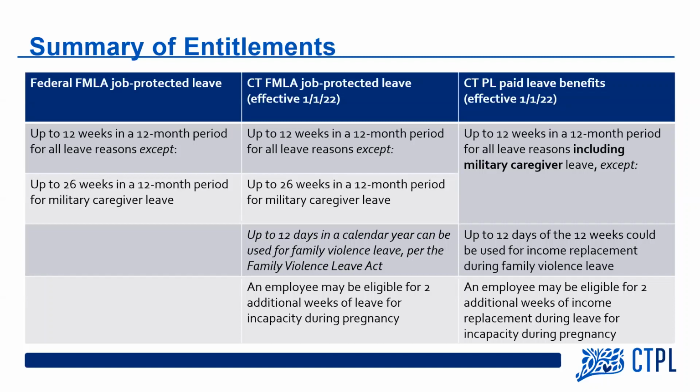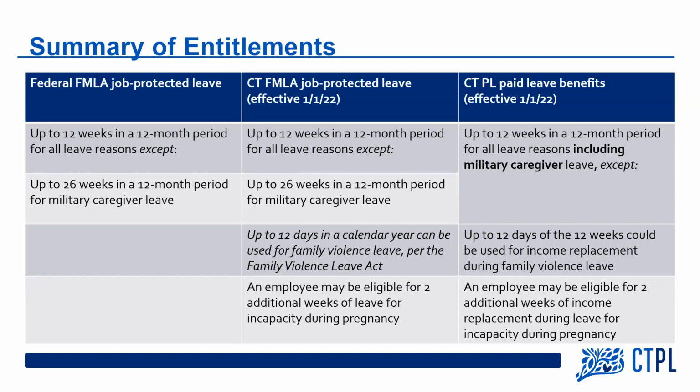So up to 12 weeks in a 12-month period for all leave reasons except military caregiver, which is 26 weeks. And then the 2 other considerations in Connecticut are that up to 12 days of the 12 weeks in a calendar year can be used for family violence leave under the Family Violence Leave Act. And there are those 2 additional weeks possibly available for incapacitation during pregnancy.